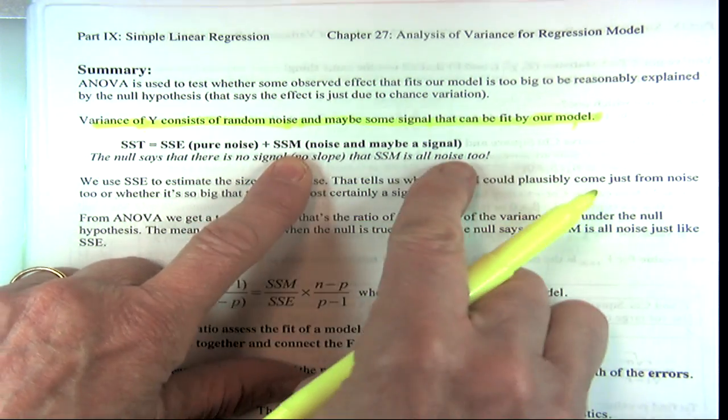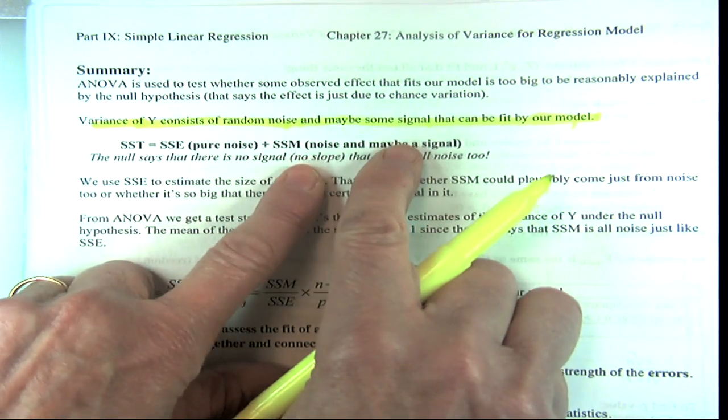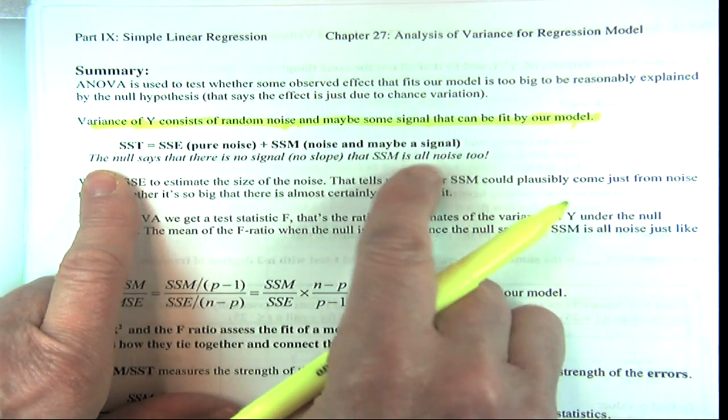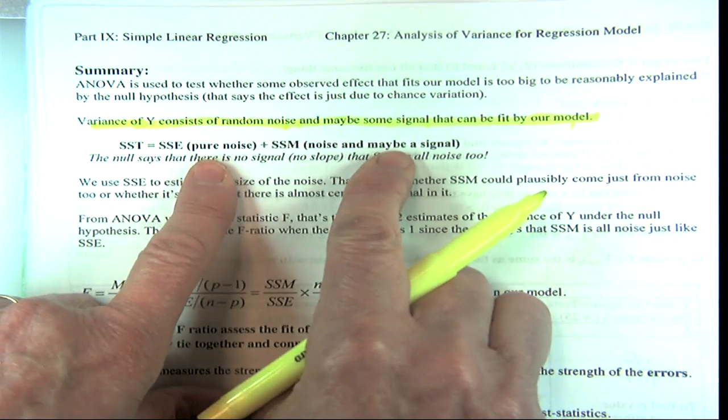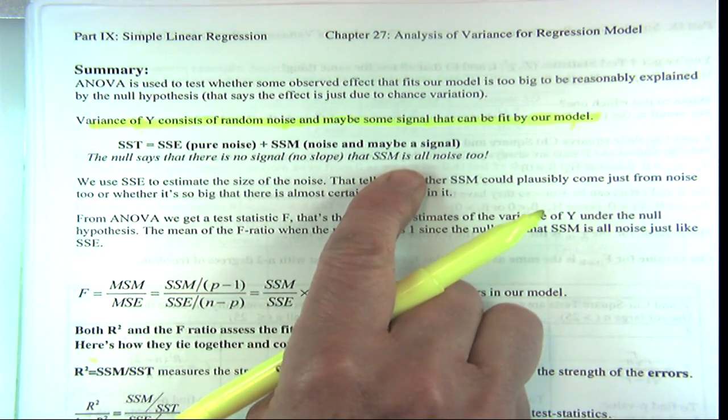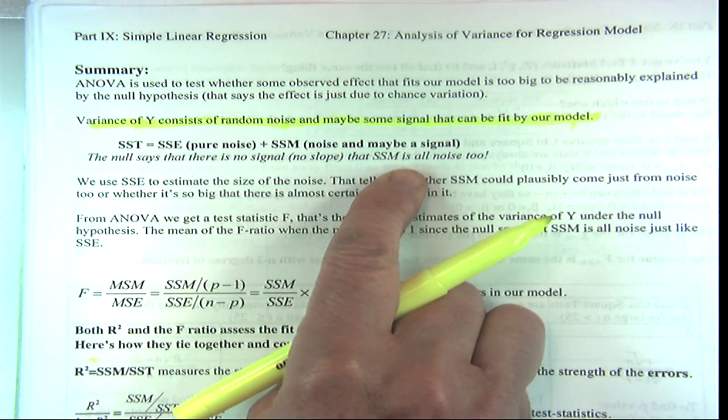The null says there's no signal, no slope, and this is all noise too, that they're both noise, so that when we look at their ratios, adjusted by their degrees of freedom, we're just going to get 1 when the null's true.